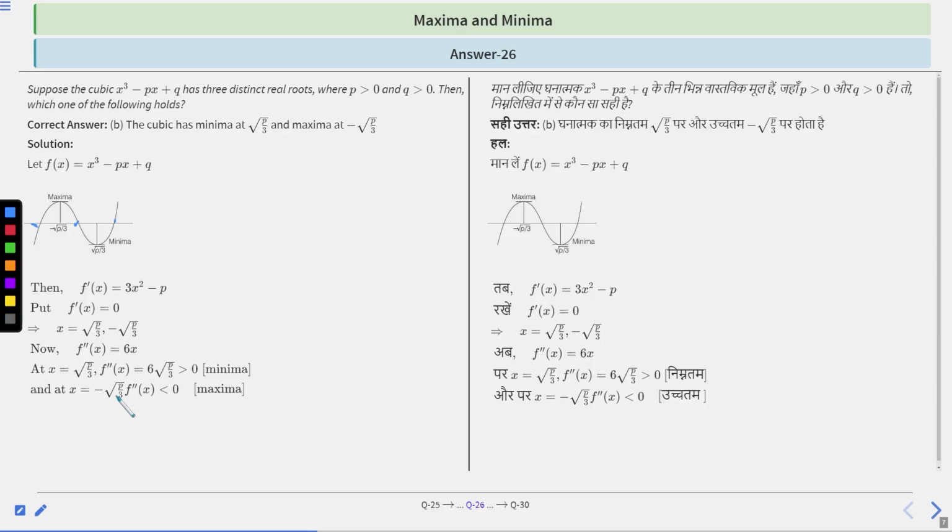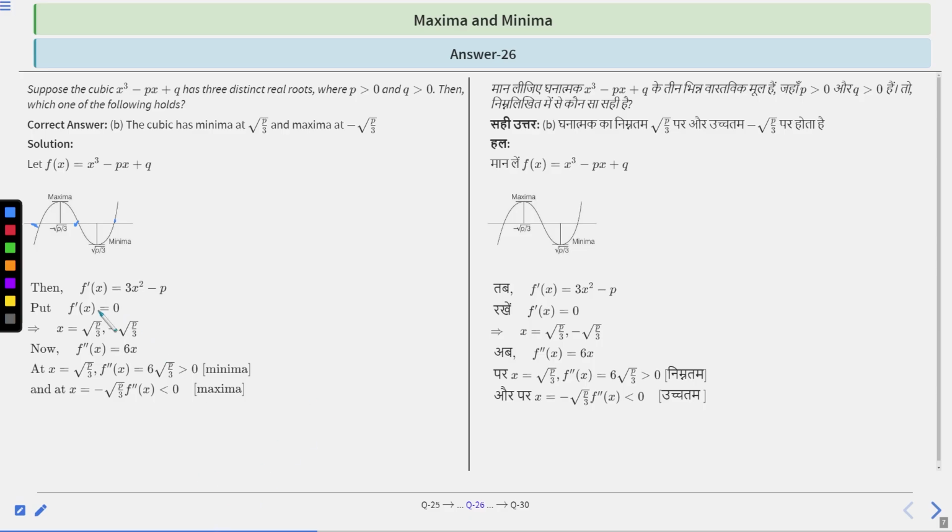And at x equal to minus root p by 3, f double dash x is less than 0, which implies that the function at x equal to minus root p by 3 attains a maximum value, right?